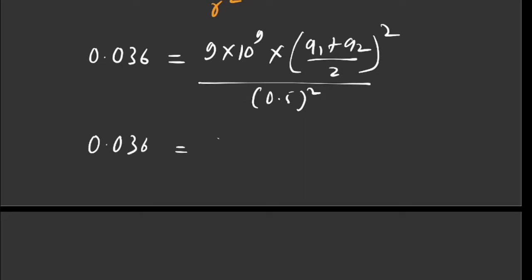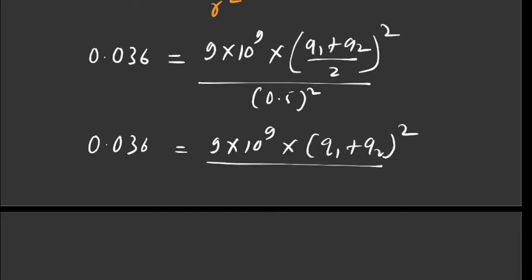0.036 is equal to 9 into 10 to the power 9 into (q1 plus q2) whole square divided by, what is 0.5 whole square? It is 0.25, isn't it? 0.25 into, now what is 2 square? 2 square becomes 4, so it becomes 4 here.